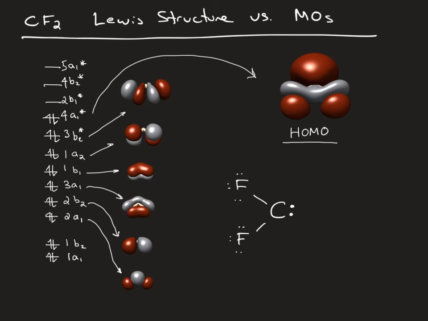In sophomore organic chemistry, you rationalize a lot of the chemistry of carbenes by considering this carbon-based lone pair and how it would react with other compounds.